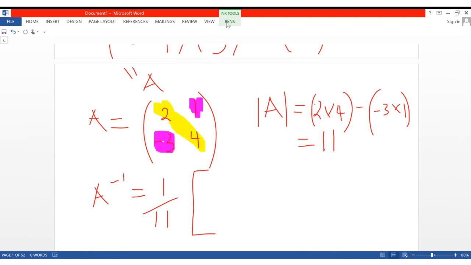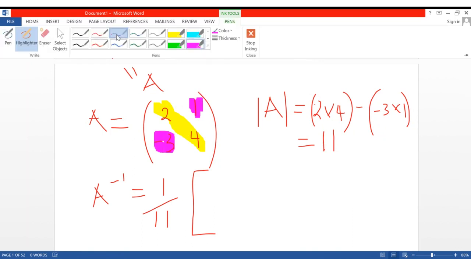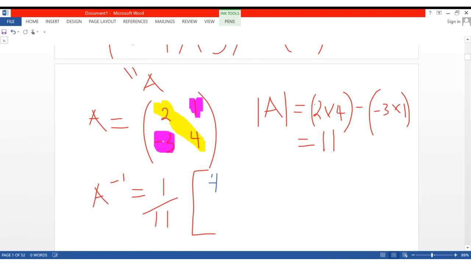So let me interchange the leading diagonal. I'll have 4 and 2. And then the other ones I multiply with negative 1, so negative 1 and 3. Multiplying negative 3 by negative 1, we get 3. So that is basically the inverse.